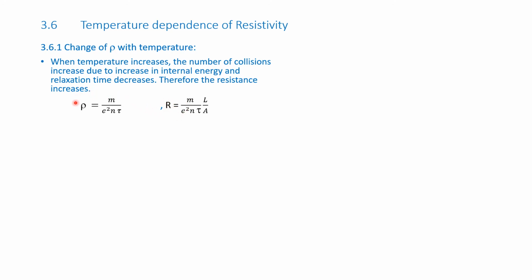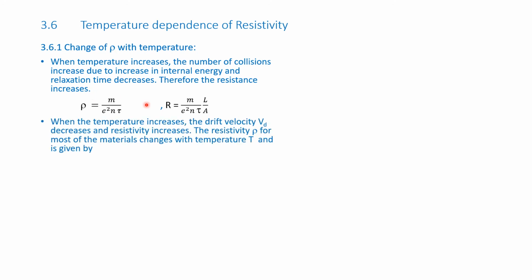Here also, if you see, rho is given by m over e square into n into tau. So, as tau increases, rho decreases. Whereas if tau decreases, rho increases. When the temperature increases, the drift velocity decreases and resistivity increases.